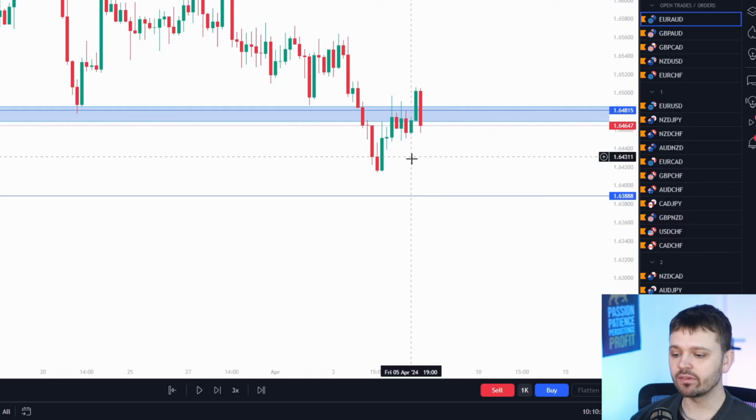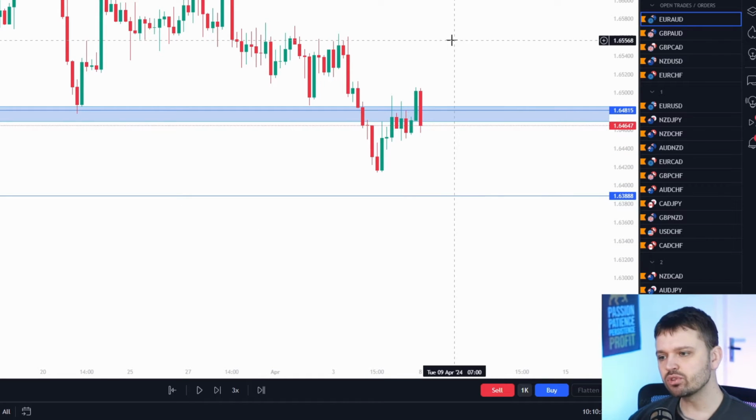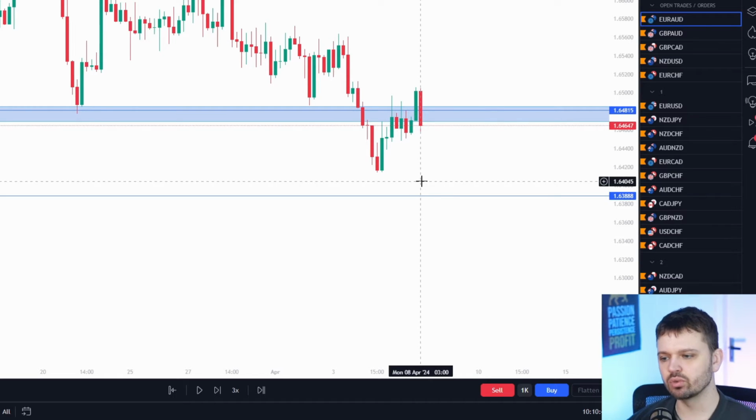So we have a daily level that's being respected with a break and retest on the 4 hour. We now know that our general idea is to move down to this level, but there's also this thing called the FTA, or the first trouble area. Basically, you have to ask yourself, where is price most likely to run into trouble first? So if you're shorting this, where is the closest support?